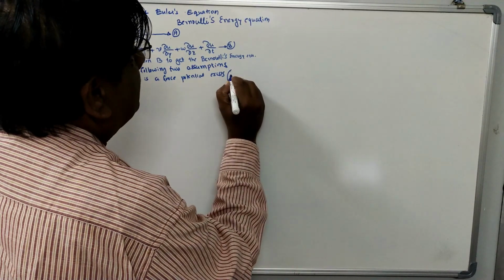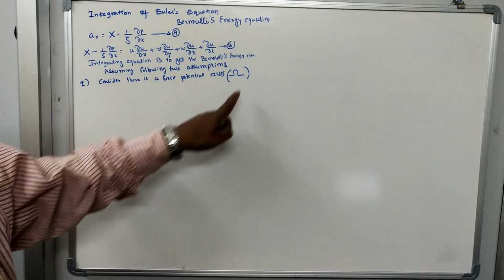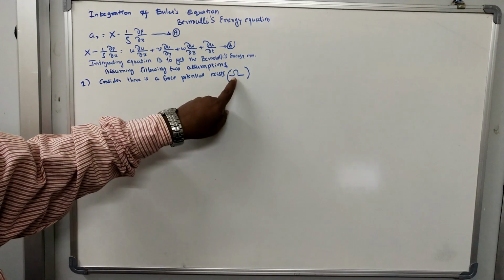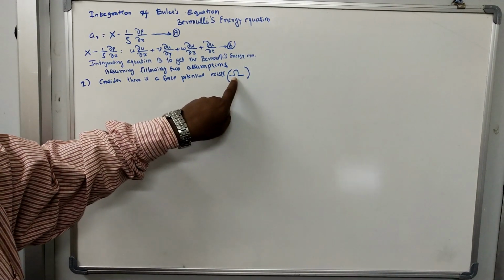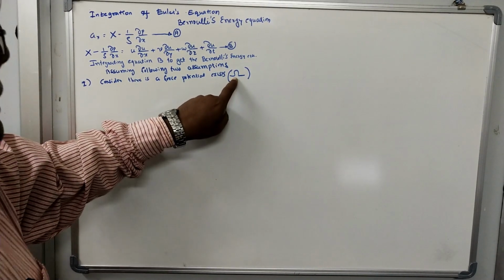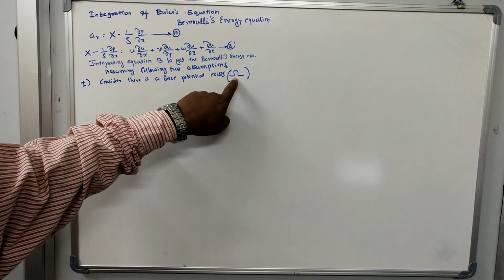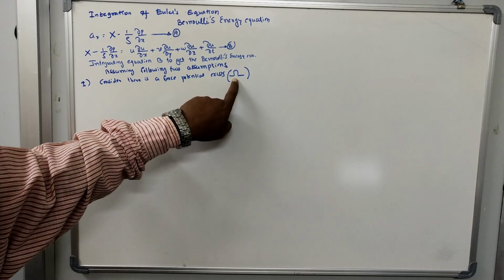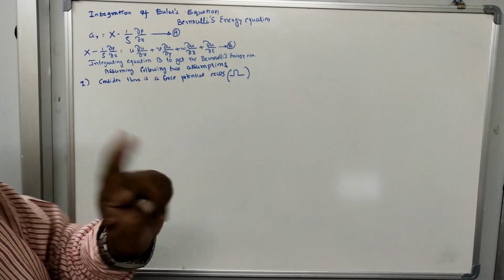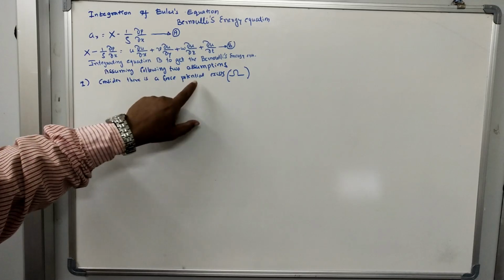This is represented by the symbol psi. How do we define this force potential? The force potential is defined such that its negative derivative with respect to any direction gives you the body force per unit mass in that direction. Consider there is a force potential exists. This is the first assumption.